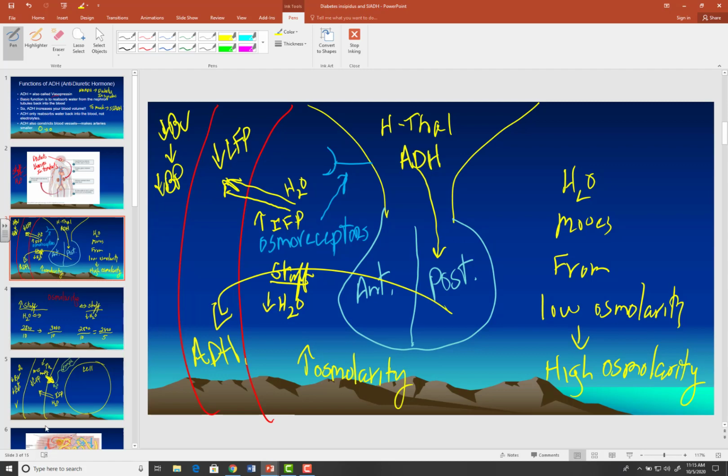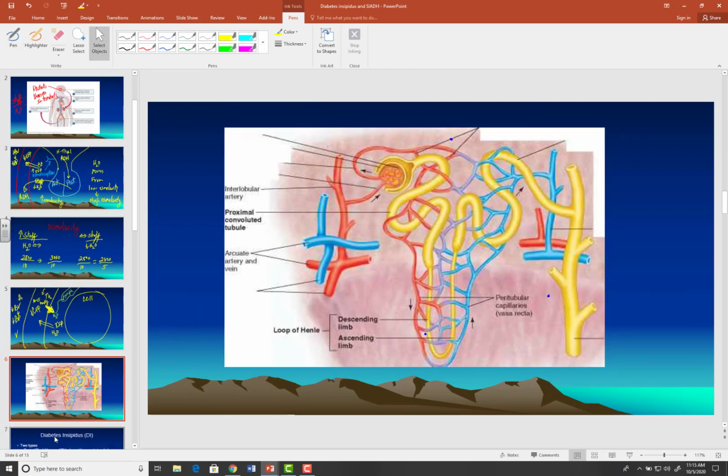Now, you should have learned this in general, or if you've had advanced, then you definitely learned it. Embedded here is the collecting duct. In the nephron, the plasma of the blood gets filtered, then it travels through the yellow brick road. And as it travels through the yellow brick road, stuff gets reabsorbed back into the blood.